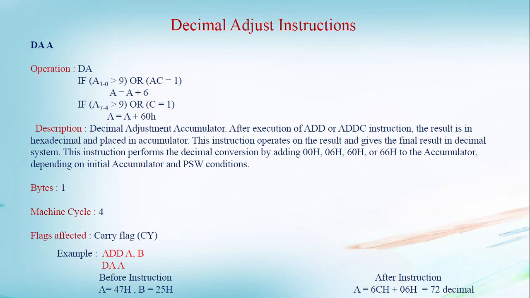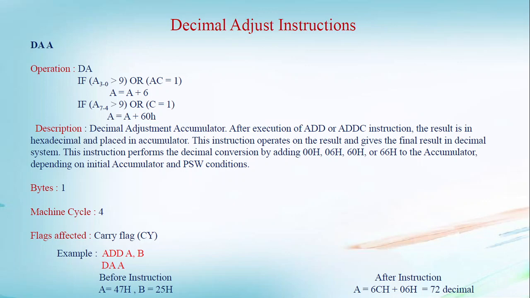Next, decimal adjust instructions. Here in the decimal adjustment instruction, the accumulator is adjusted to decimal. After the execution of ADD or ADD with carry instruction, the result is in hexadecimal and placed in the accumulator.